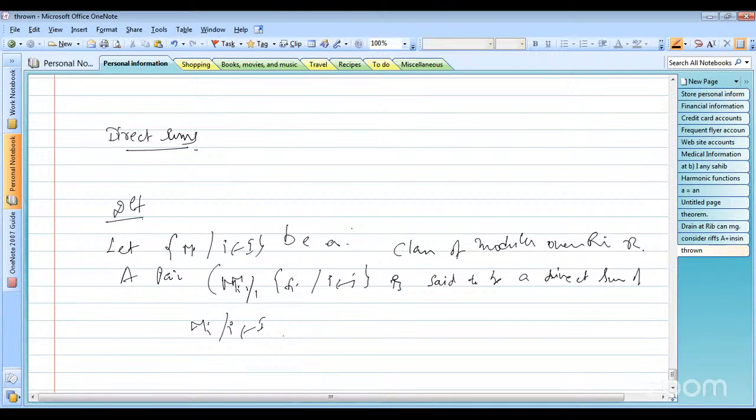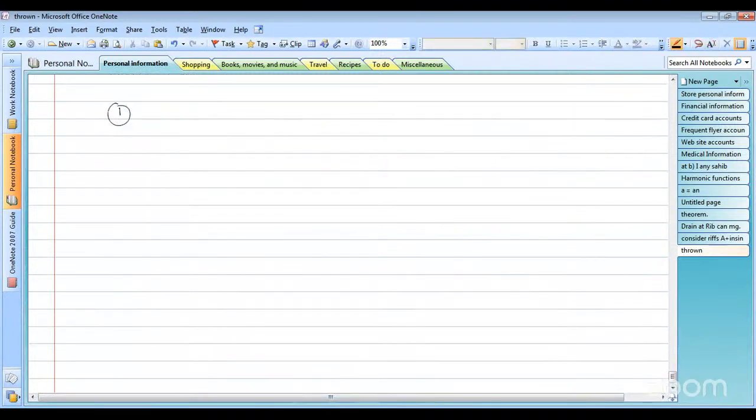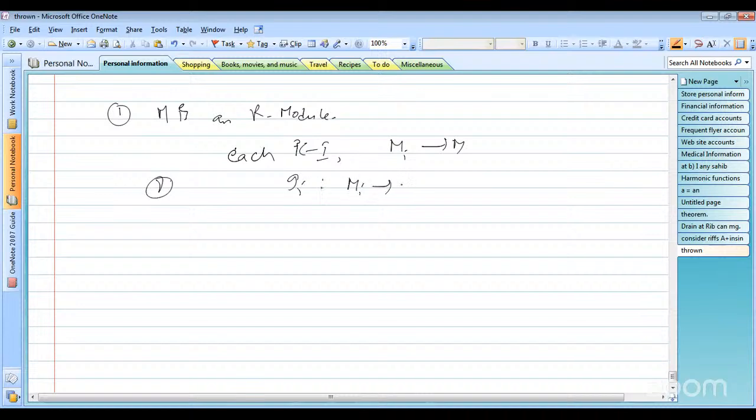First one is M is an R module. Each f_i from M_i to M is a homomorphism here.